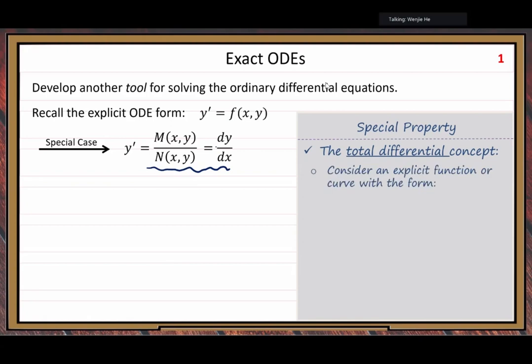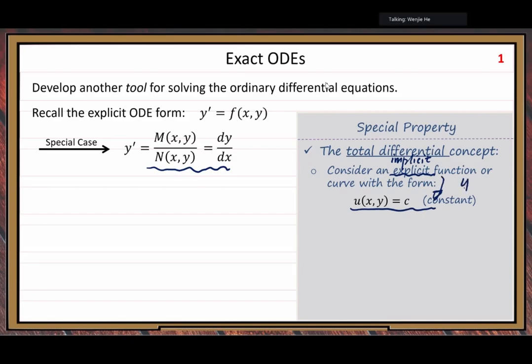Consider a function or curve of the general form u(x, y) equals c. Actually, this function we call an implicit function, not explicit.